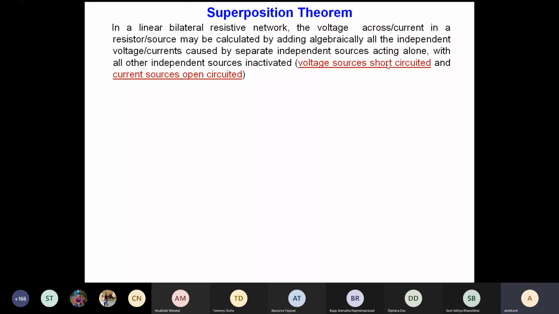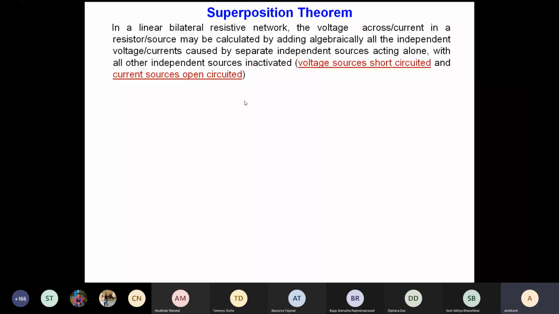So that is basically the superposition theorem: if there is a linear bilateral resistive network, the voltage across or the current in a resistor or a source may be calculated by adding algebraically all the independent voltages or currents caused by separate independent sources acting alone, with all other independent sources inactivated.